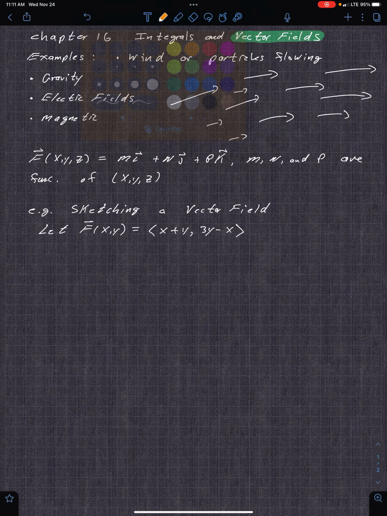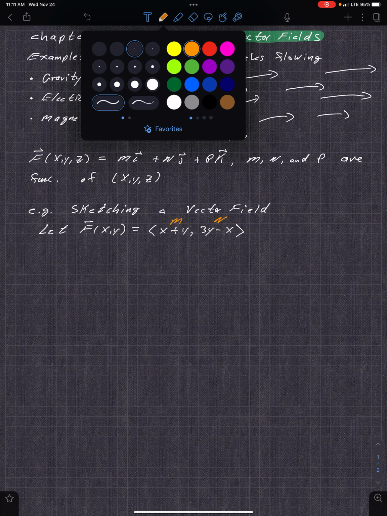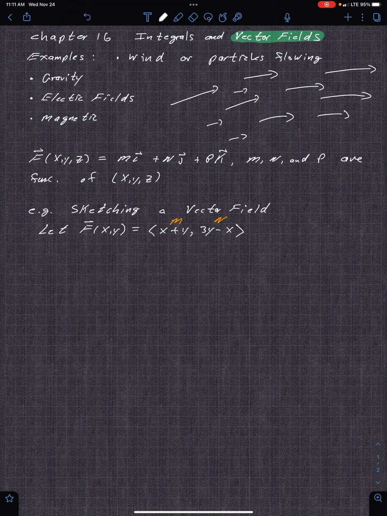So this is your M, and this would be your N. You can also write that in this form, of course: x plus y i plus 3y minus x j.